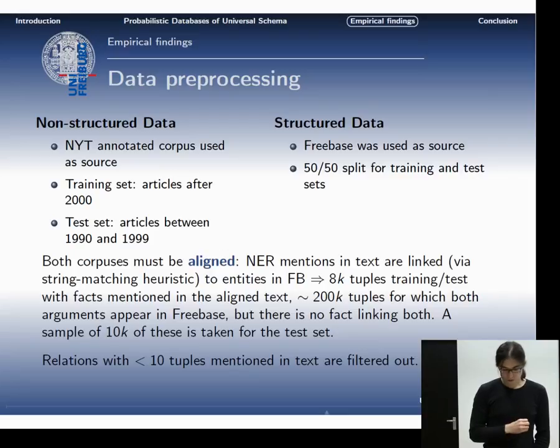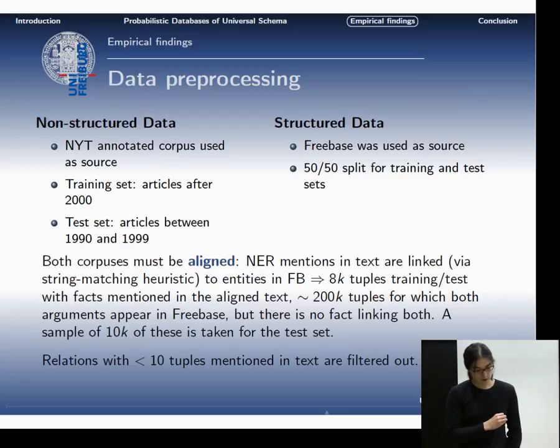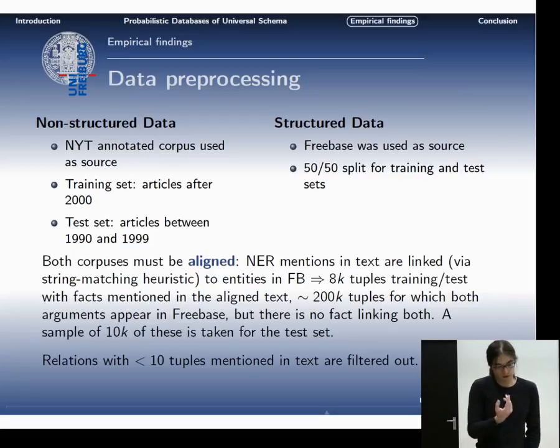To simplify evaluation, a subset of 10,000 of these tuples was considered for testing. And relations with less than 10 tuples mentioned in text were filtered out because they were considered non-relevant.